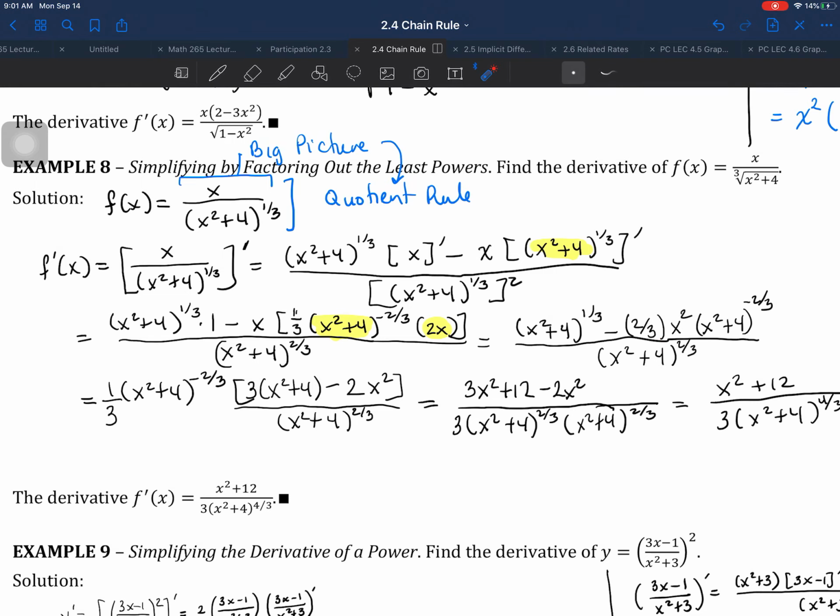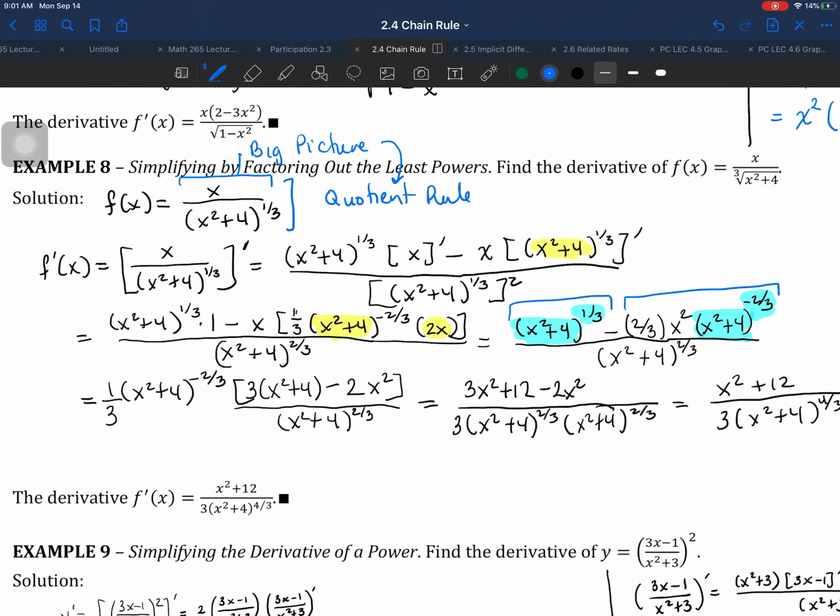Now again, we have this factor of x squared plus 4. This is to the 1/3, and we also have another factor, x squared plus 4 to negative 2/3. We have two factors from these two terms, right? And I'm going to highlight these two terms. Here you see the minus in front of it. That's what separates the two terms.